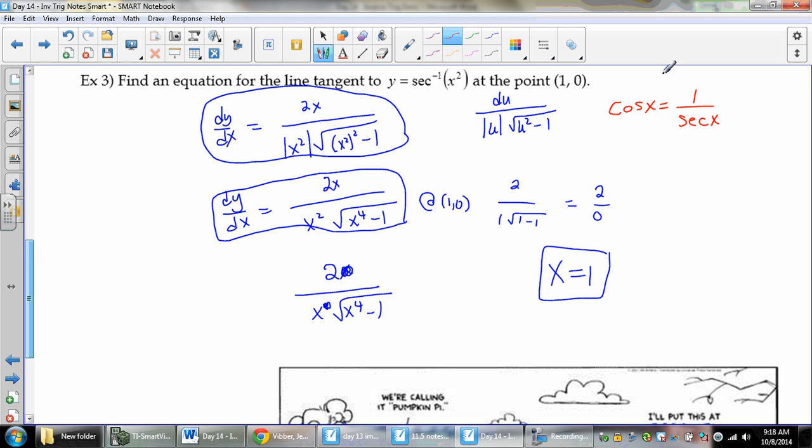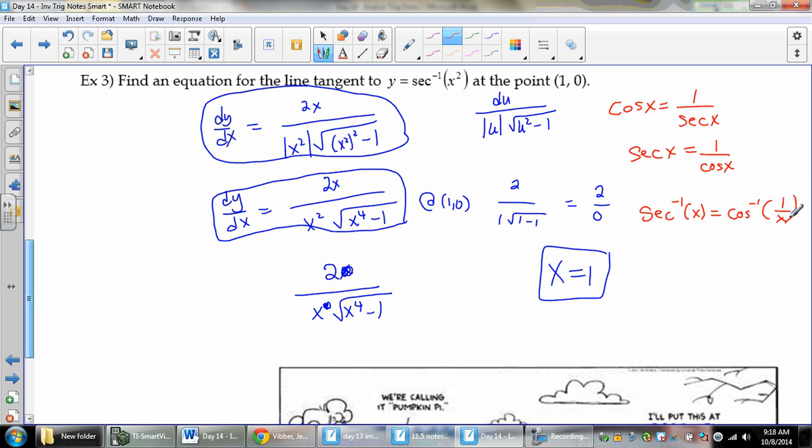The original inverse trig, cosine equals 1 over secant, secant equals 1 over cosine, however you write it, means that you take the original angle and then take the reciprocal of the ratio. When I'm taking the inverse secant of x, it is equal to inverse cosine of 1 over x.